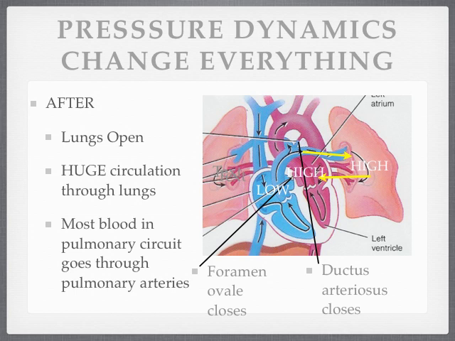The left side isn't getting as much blood. Some of the blood from the right atrium can move right over into the left. So all of these dynamics can cause huge problems. And that's what happens. Some children are born, we say they're blue babies, or cyanotic is the technical term, because their blood is not getting fully oxygenated.